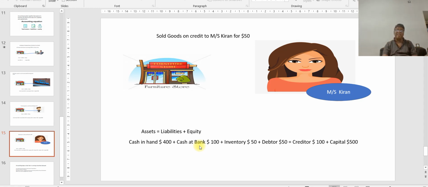Then no change in liability and equity. So cash in hand $400 plus cash at bank $100 plus inventory $50 plus debtor $50. So the total asset side is $600. Here capital $500, liability $100. It is also $600.